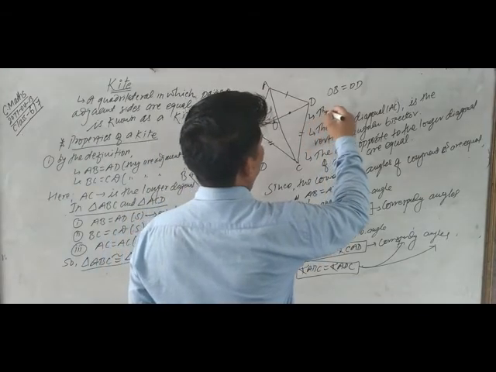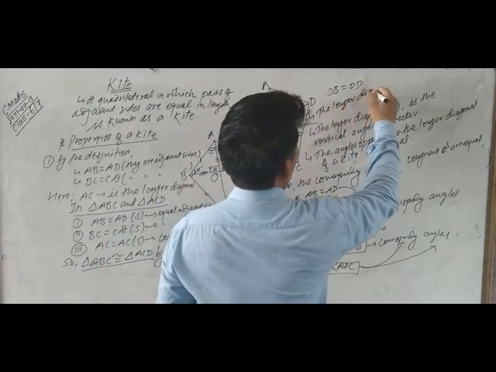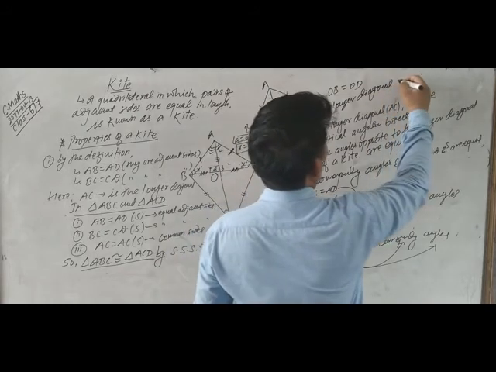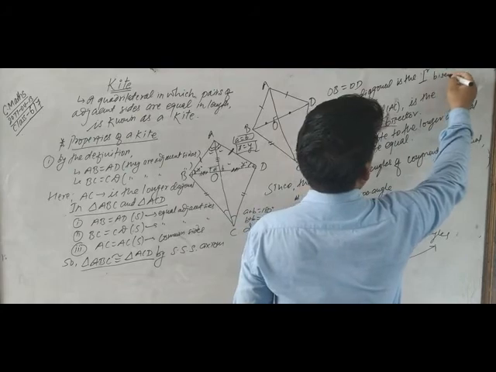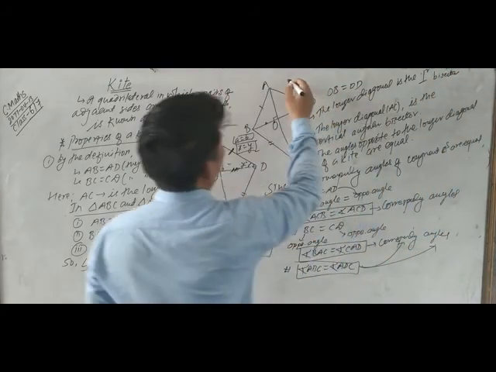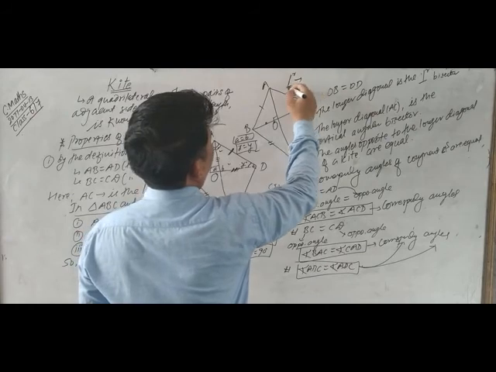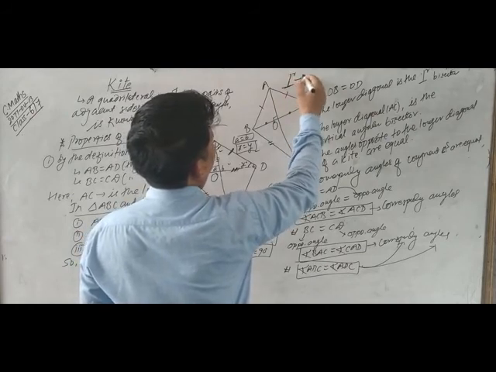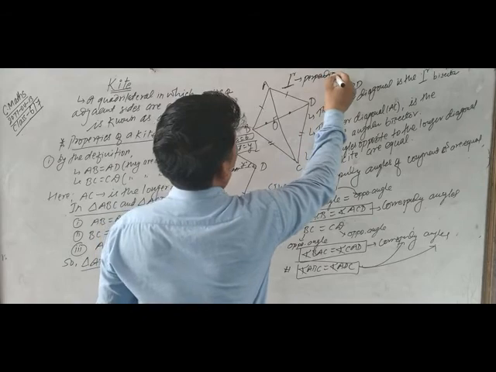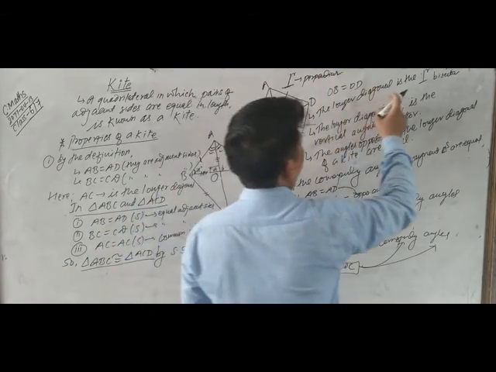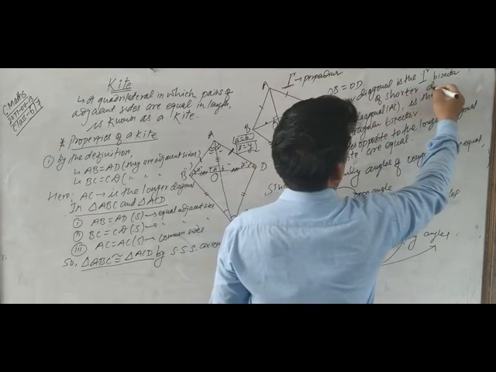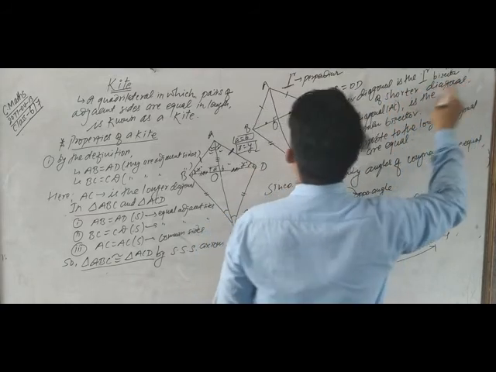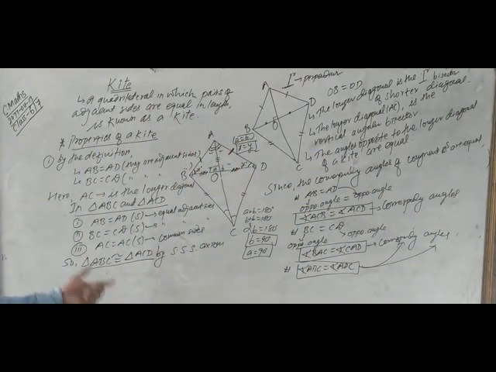We can write here: the longer diagonal is the perpendicular bisector of the shorter diagonal. This symbol indicates perpendicular. In this way, dear students, we can derive more properties of a kite.